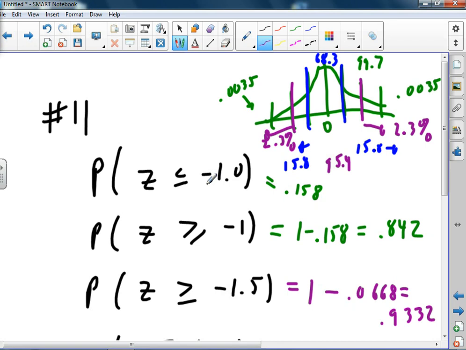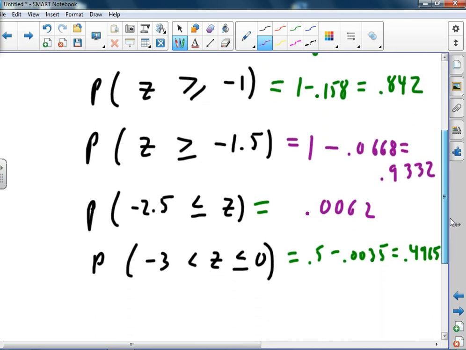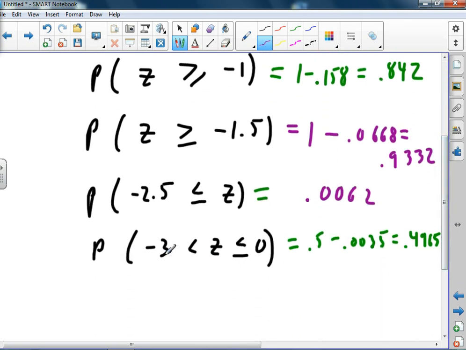And then I want Z greater than 1. Well, that'd just be 1 minus that number. We did those guys. We want Z to be between -3 and 0, so we'd have to look up the -3 guy. We have him, and we do the same thing.